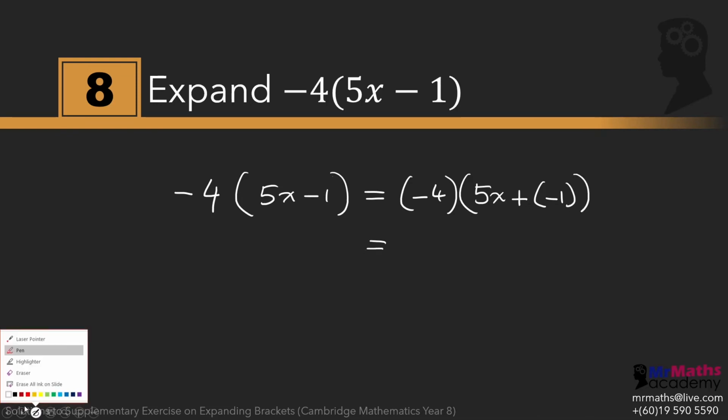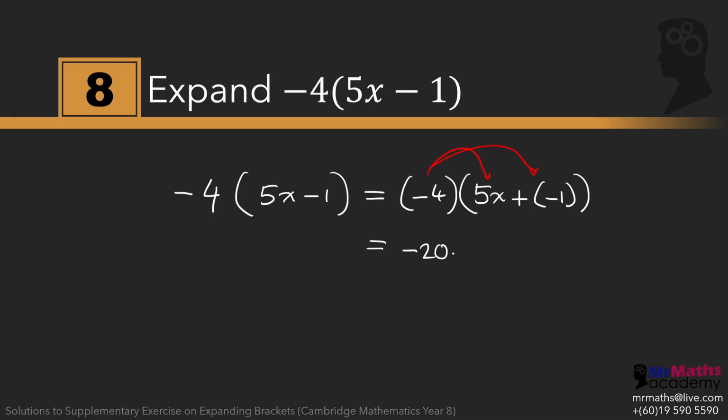Okay, now we can multiply minus 4 by each term inside the bracket. So the answer is minus 4 times 5 is minus 20x plus minus 4 times minus 1.